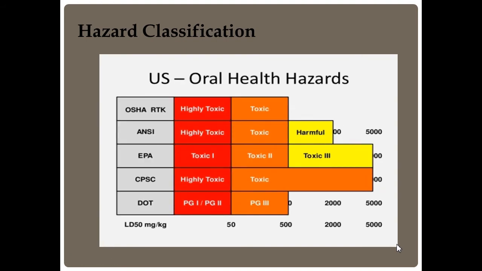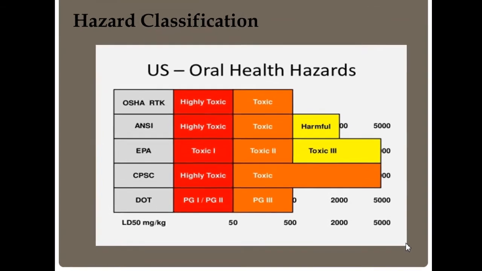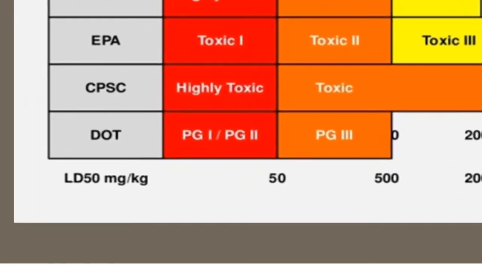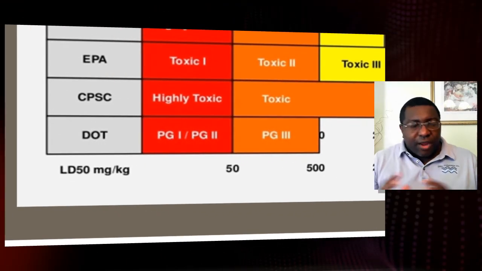Now, toxic is running along the same way, but instead of using temperature in Celsius, this is using a quantity in milligrams or kilograms, and your LD50 that you see on the bottom left of the screen means your lethal dose 50. Lethal dose 50 of whatever the test subject is.